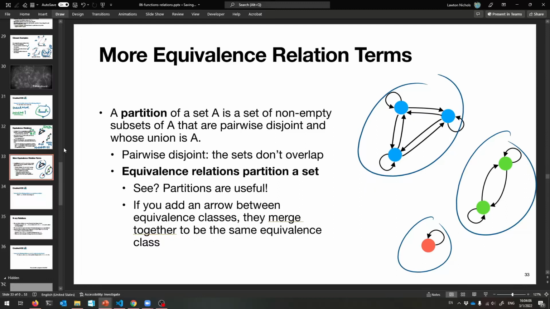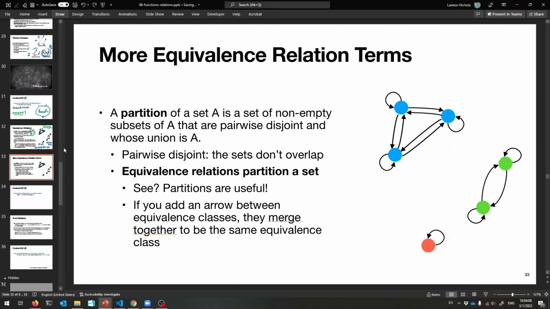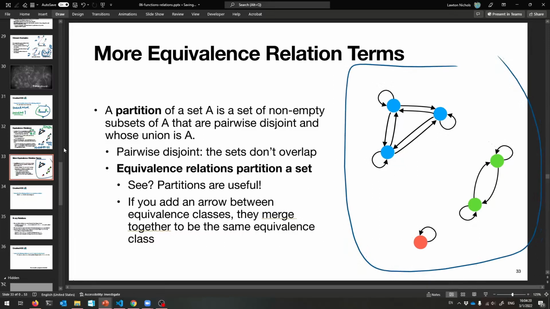That's totally okay. It doesn't have to be the case that everything is equivalent to everything else. Maybe some things are equivalent to each other and other things are equivalent to other things. That's totally fine. So if this is one big relationship, you can see how it kind of splits itself into all things that are equivalent to each other.